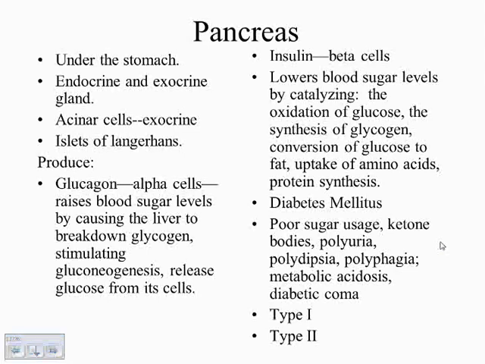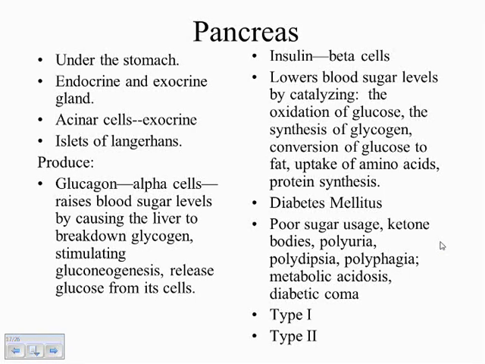In the blood. Exocrine means it makes stuff and sends that stuff to a place through what? Through a tube, through a duct. And in particular, the pancreas makes almost all of what? Almost all of your digestive enzymes.